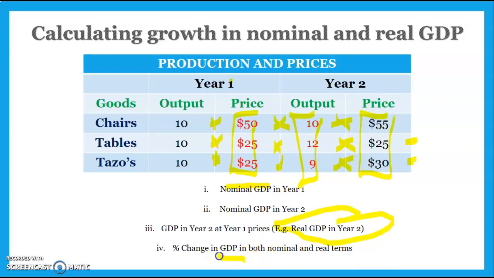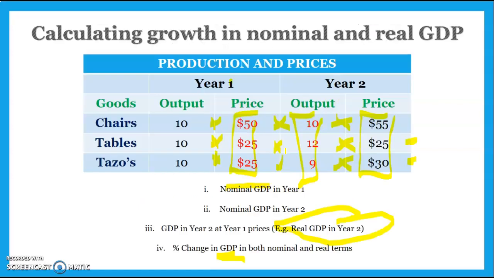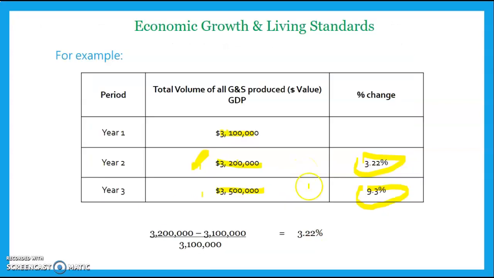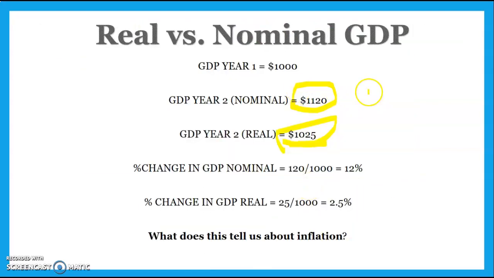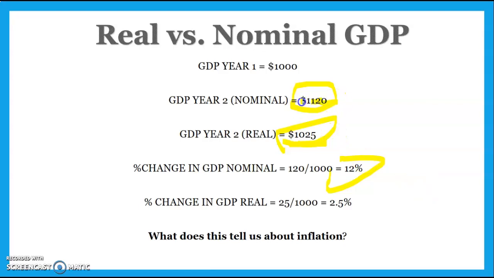So to calculate the change in GDP, we work out that real GDP in year 2 is equal to 1,025, which is 50 times 10 plus 25 times 12 plus 25 times 9. That's how we got that figure. Then to work out the change in nominal GDP, you do the figure in year 2, 1,120, minus 1,000, divided by 1,000, which will give you a figure of 12%.